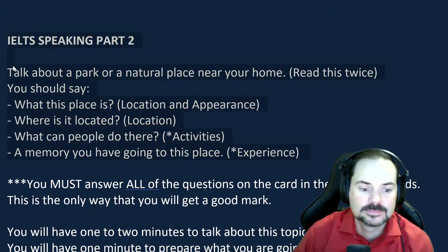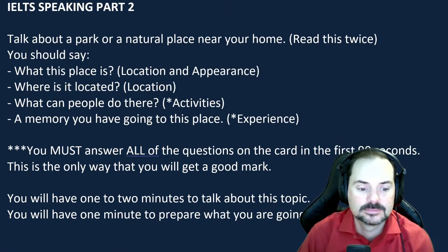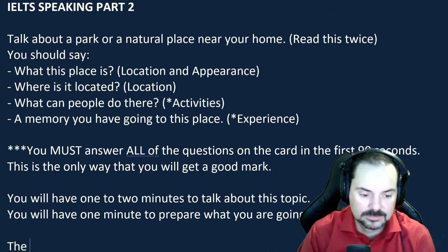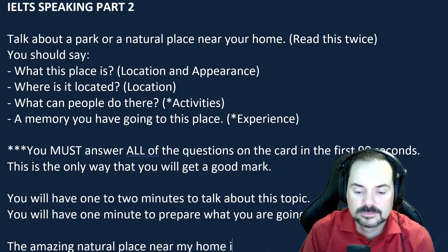Yeah, the amazing natural location which is close to my home is Brook Natural Trail. It's just about 5 kilometers from Bishop Falls. It's between Bishop Falls and Grand Falls. It's close to Trans Canada Highway.